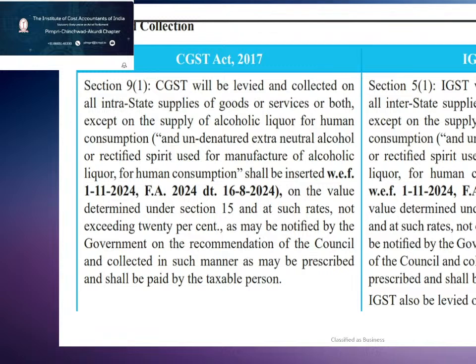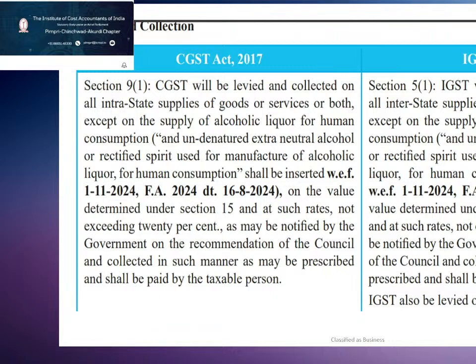So next, we have seen in this diagram forward charge. Forward charge is nothing but regular normal transactions, which we have seen for inter and intrastate. Now we are into section 9 subsection 2, where GST is not levied.